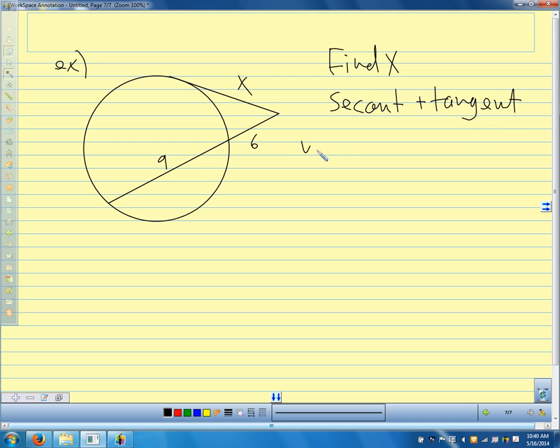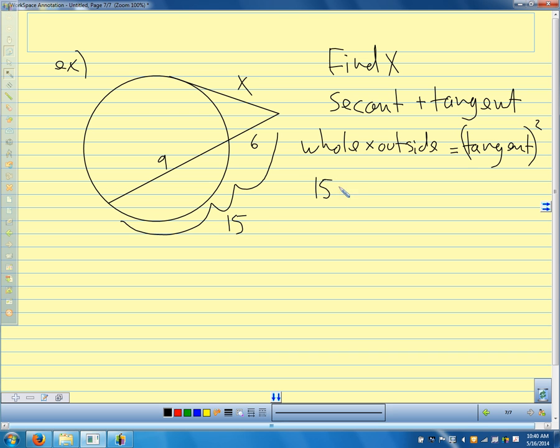So we are going to do the whole times the outside equals a tangent squared. So how long is this whole piece? 15. So I have 15 times 6, the outside part, equals the tangent squared, x squared.